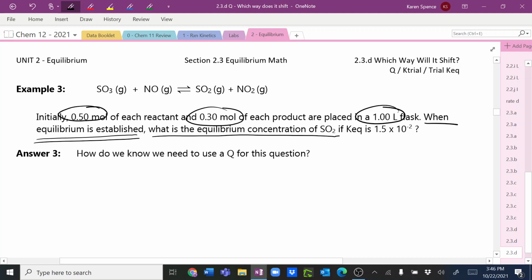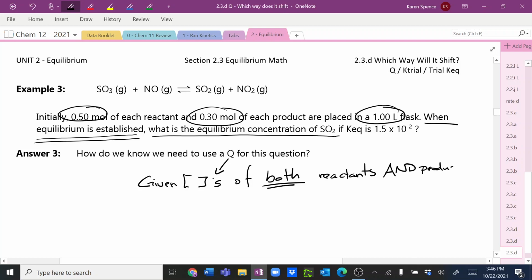Now, how do we know we need to use a Q for this question? Well, you have your given concentrations of both reactants and products. How do we know that we're going to need to use a RICE table?